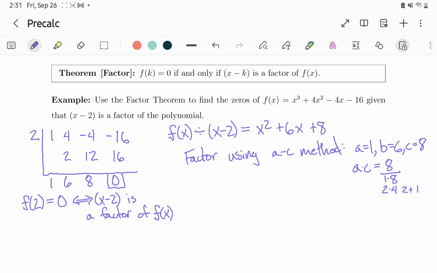So this is going to be the factorization that we take, because it adds up to b. And so we can write x squared plus 6x plus 8 is going to be equal to x plus 2 times x plus 4.